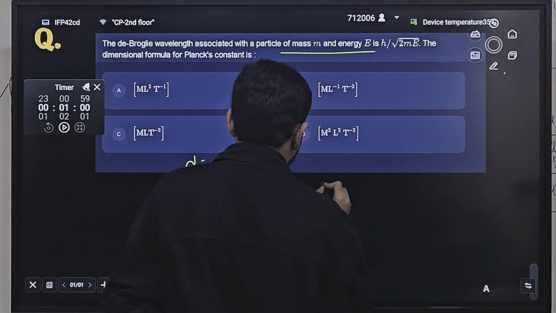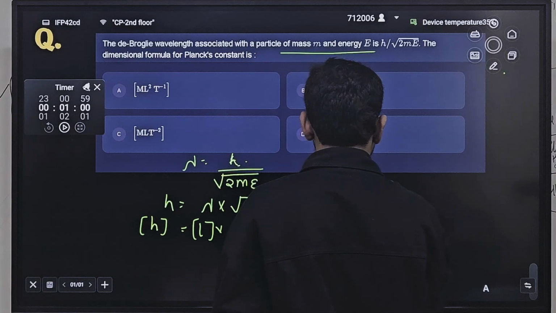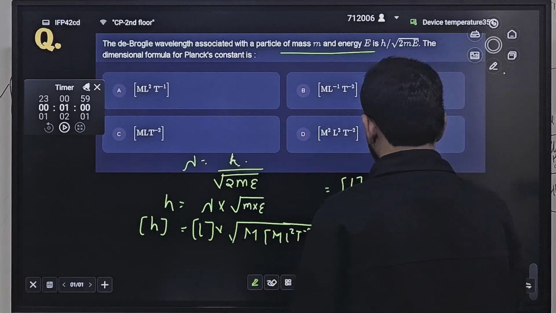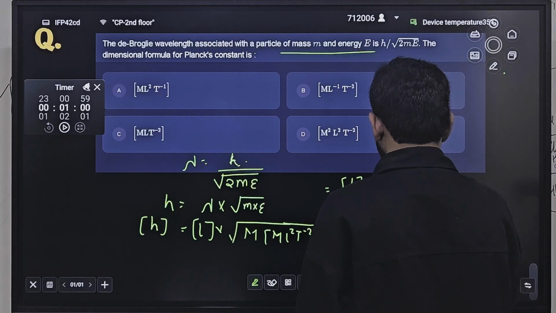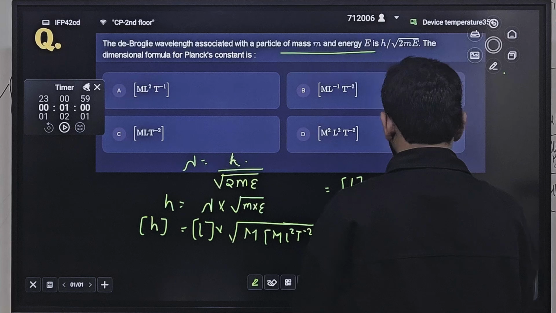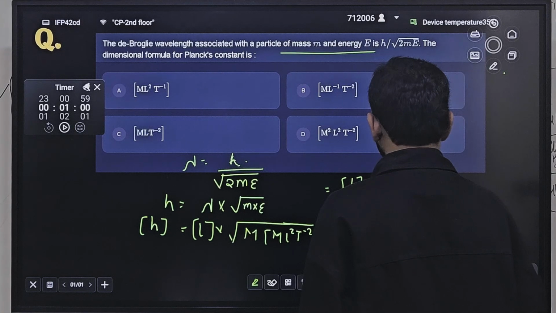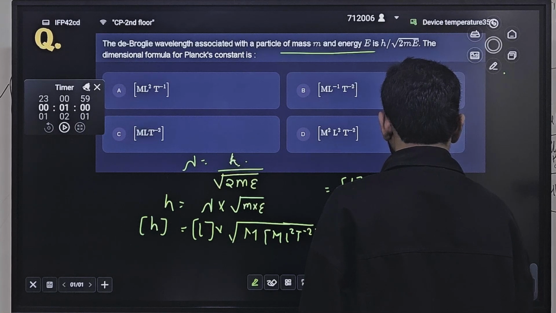Correct? So what are the dimensions we are getting? M square means there will be a factor of M, L square means a factor of L, T power minus 1 means a factor of T minus 1. That means net it will become M L square T minus 1.